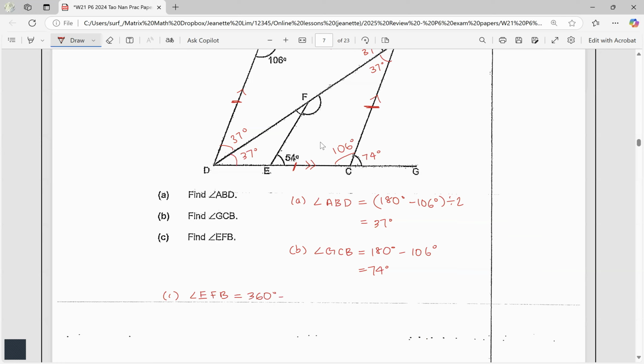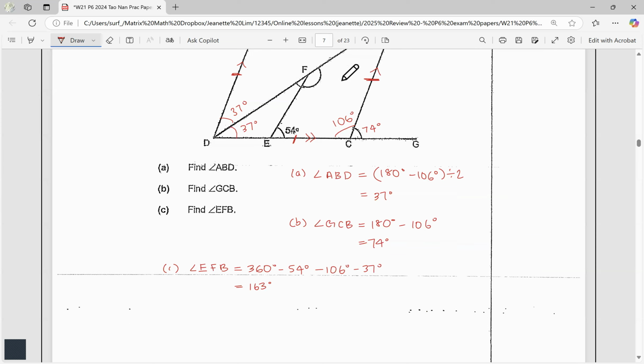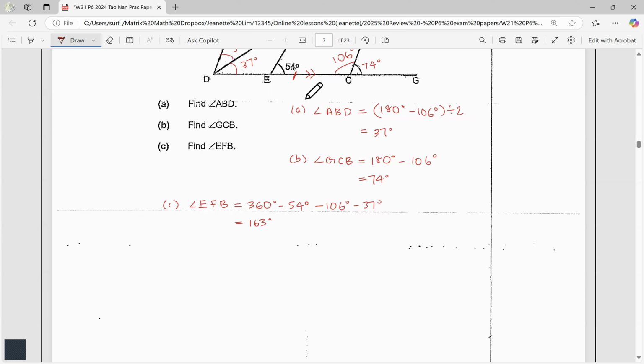So 360 minus 54 minus 106 and 37, and we will get 163 degrees. Okay, so that's the angle that we are finding.